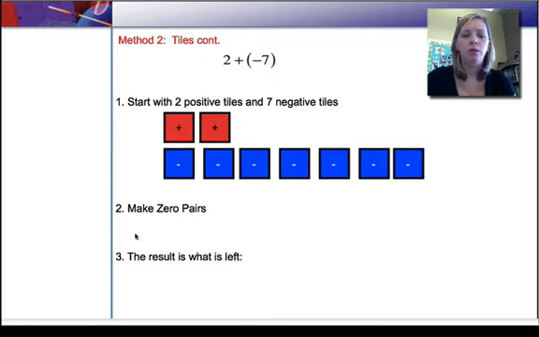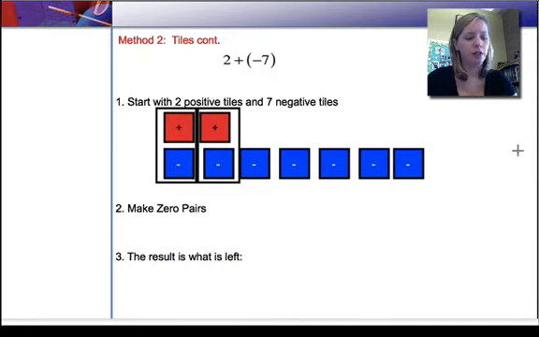So the next step is to make 0 pairs. Like we did before, use a little rectangle or circle, and we'll draw a little rectangle over my 0 pairs. So it looks like I have 2 0 pairs, right?